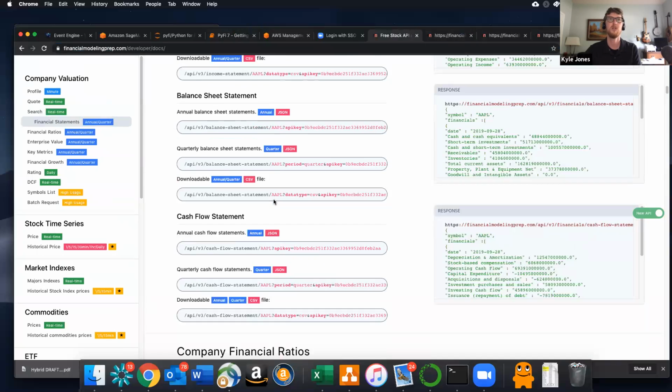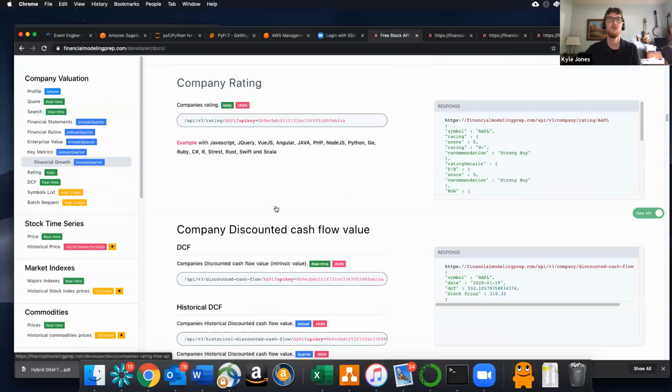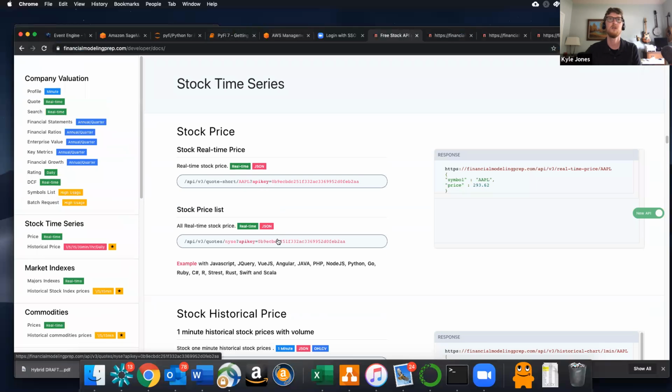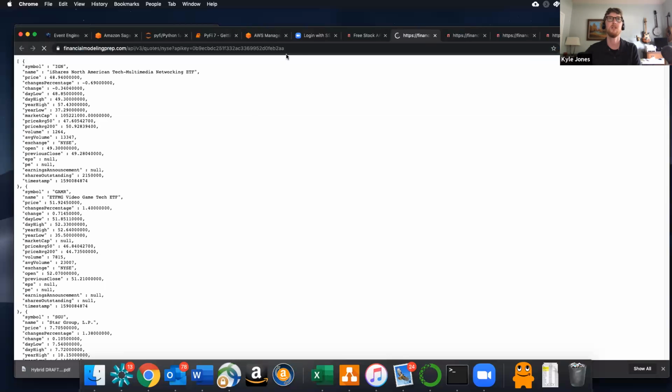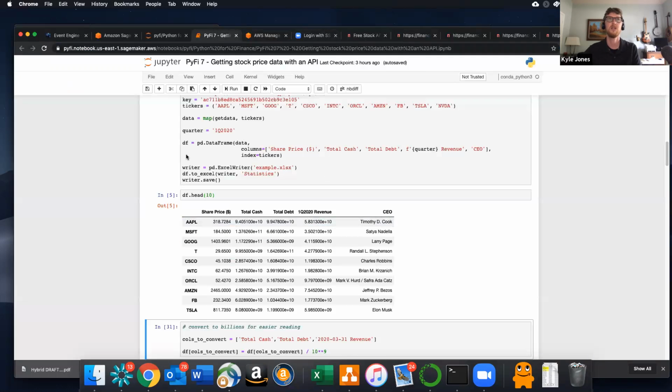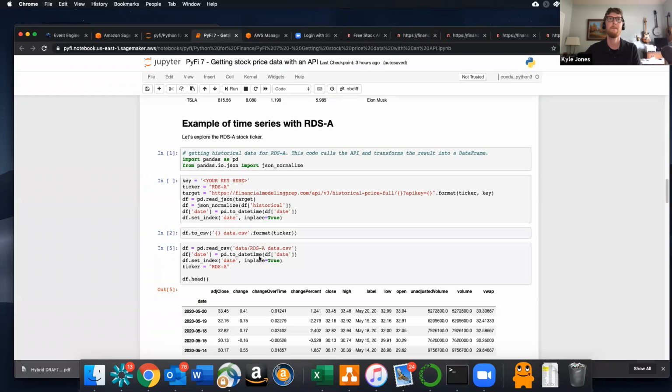I'm going to go down to the real-time stock price. So this is up to the minute stock price. And then back in our Jupyter notebook, this code here is going to use Pandas to open up that same kind of website and then turn it into a data frame.